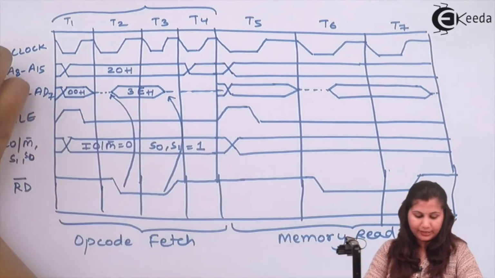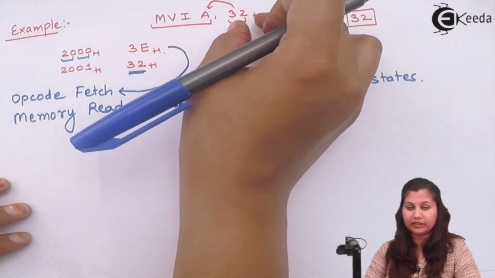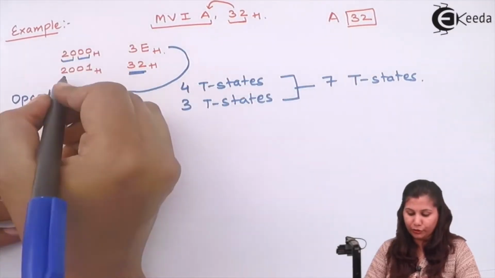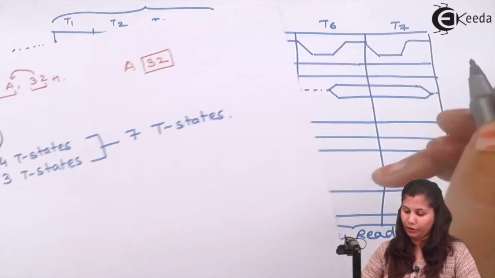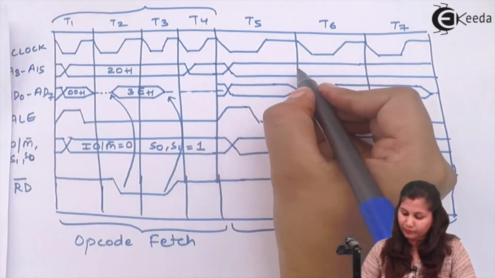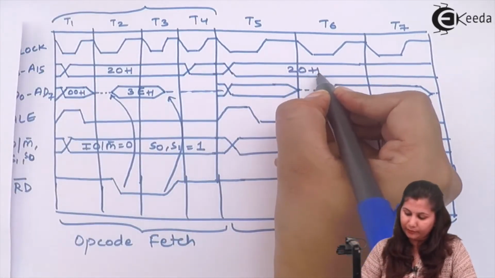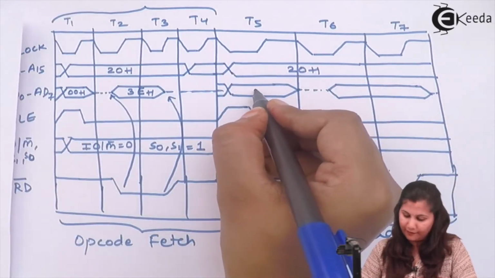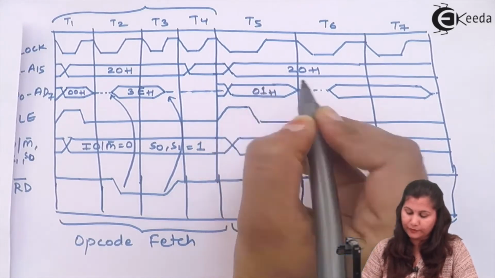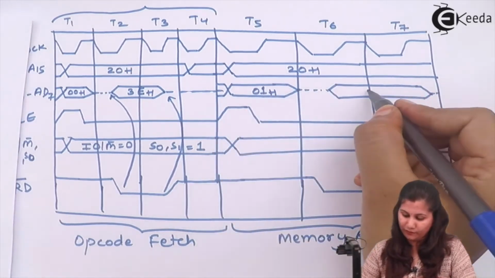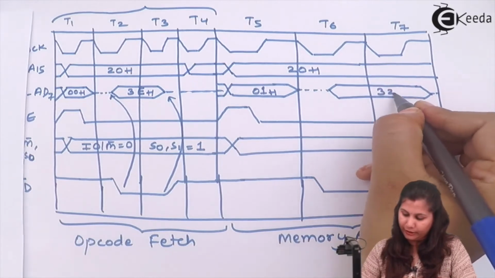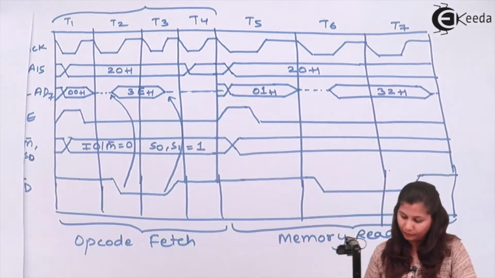So next you have to read the data from the memory location 20 and 01. 20 will be here because it's the higher order bits, and next we have 01H, and at this location we have the data 32H.